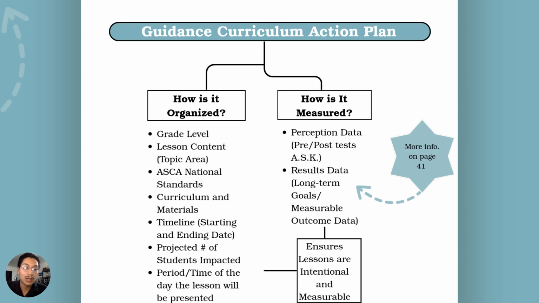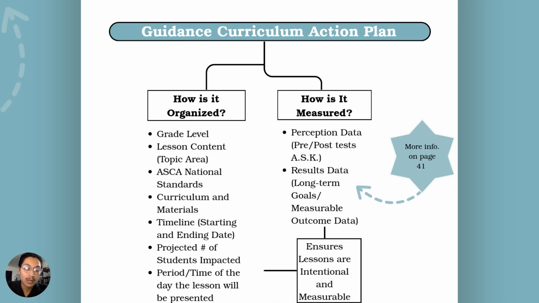I created this diagram to go over how it's organized and how it's measured. Over here on the left is how it's organized. In the template, when you read over the appendix, it shows a few examples, but I want to discuss the intention behind the guidance curriculum action plan, because this is the whole point of using a format that's already there for us, organized, and there for a reason.